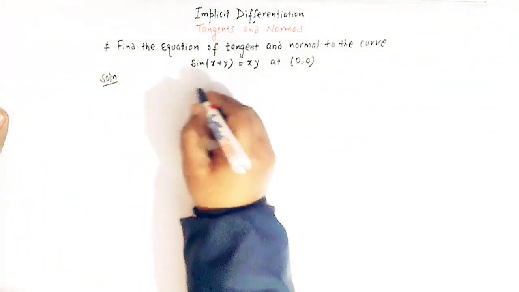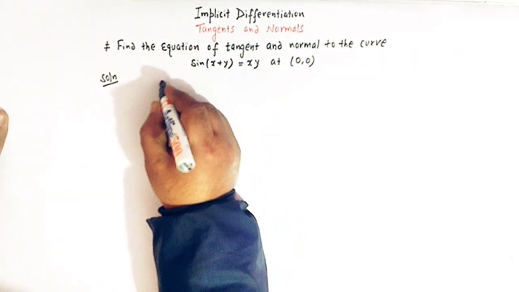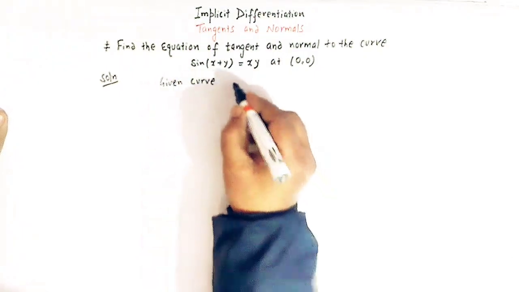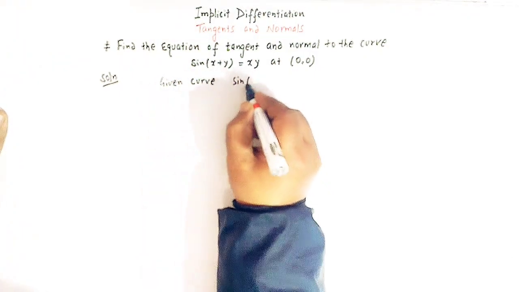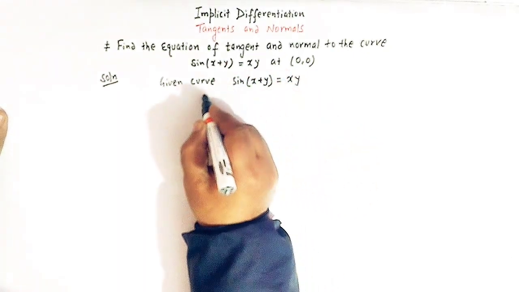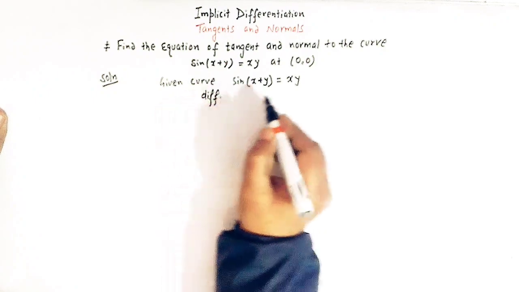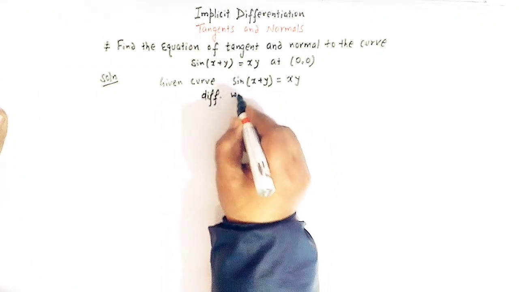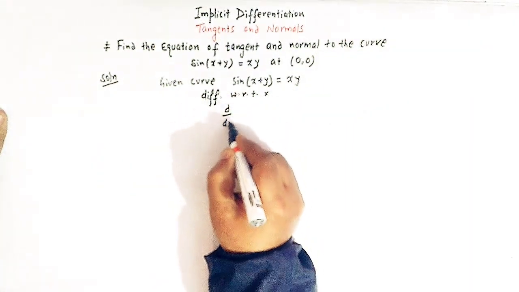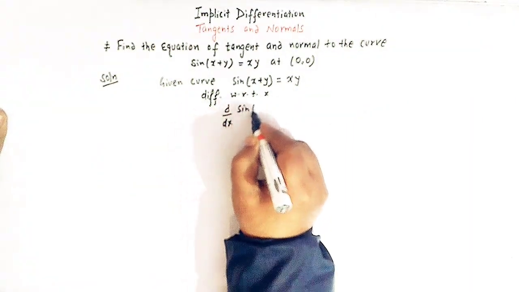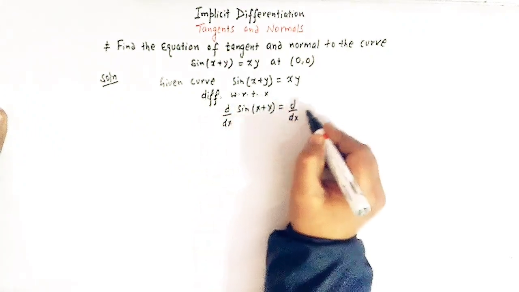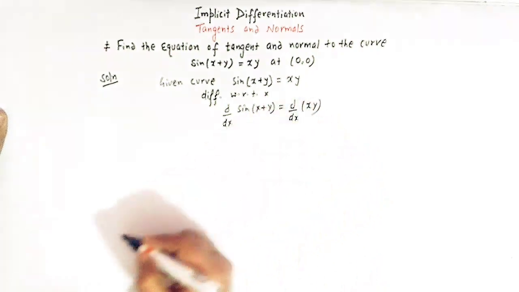So here we are given the equation of the curve, that is, the given curve is sin(x + y) = xy, right? Now we'll differentiate both sides with respect to x. So d by dx of sin(x + y) is equal to d by dx of xy, right?